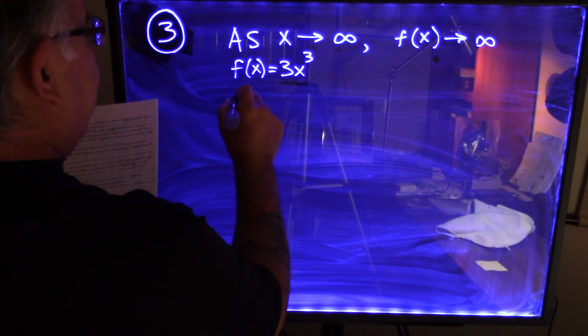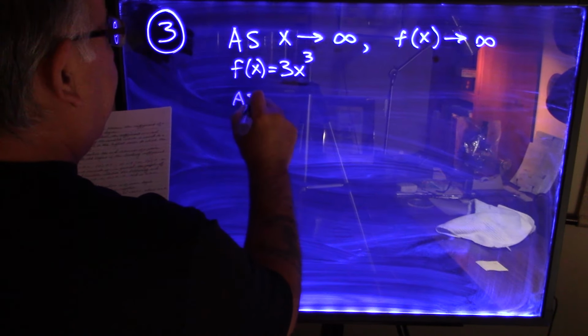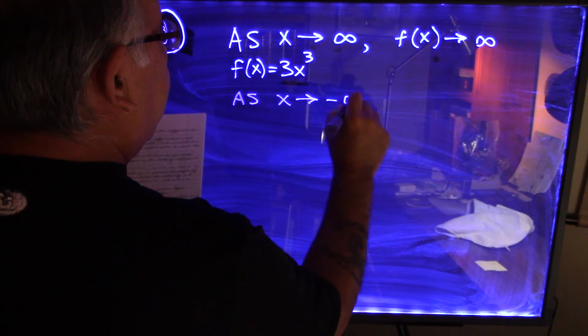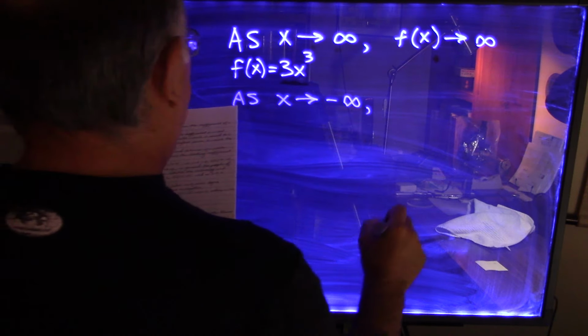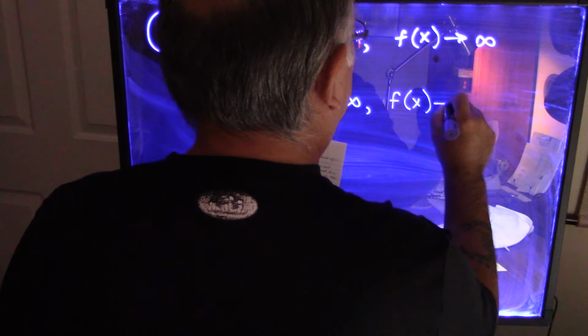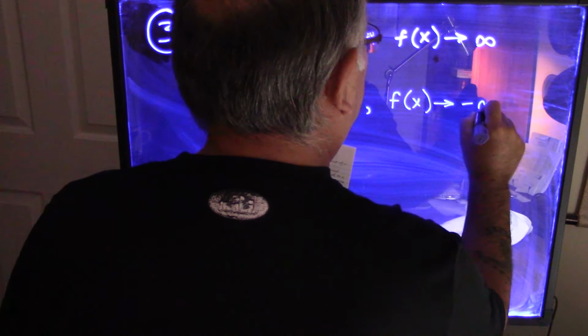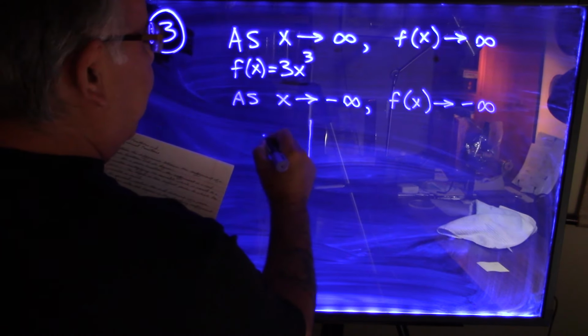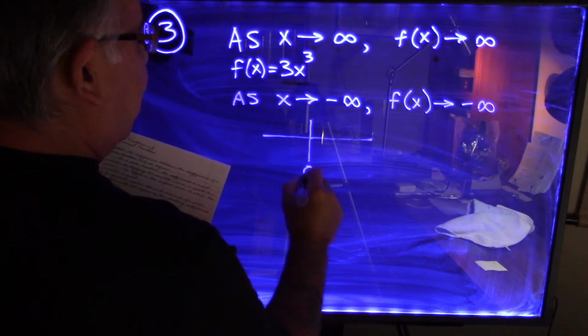Also, as x goes to negative infinity, what do you think? f of x will also go to negative infinity. This means that x goes to the left on the number line, right? Here's your number line. Here's x equals 0.